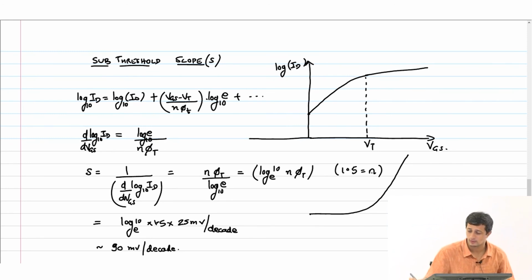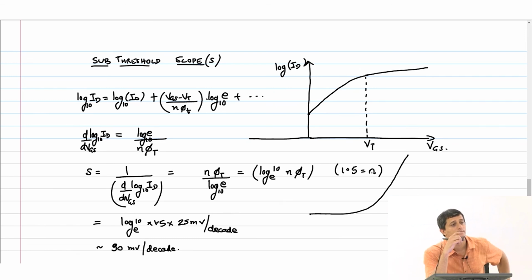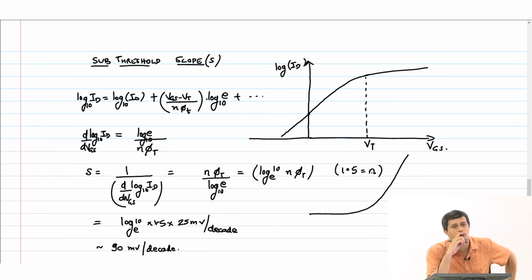Just look at that equation. If that goes below further, it will decrease further. I keep going. What will happen? At some point, another non-ideality kicks in, and it will cause this current to go up.